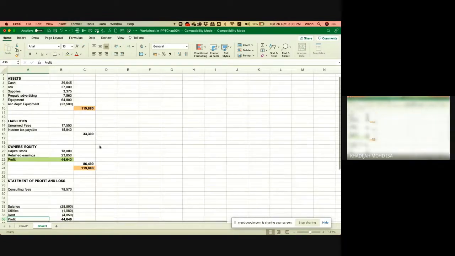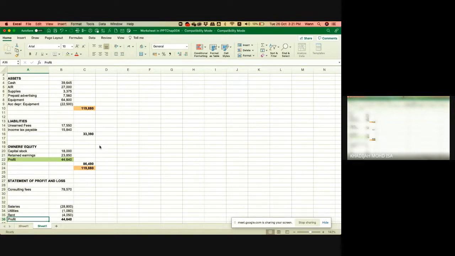But this one is based on the trial balance before adjustment. So when we do the adjustment, for example, according to a contract, consulting fees received in advance that were earned in January total 13,500.